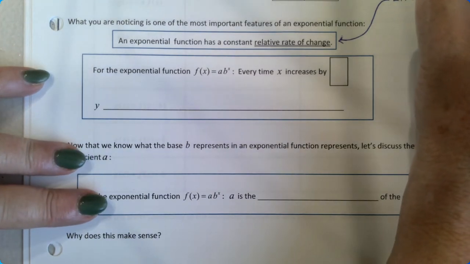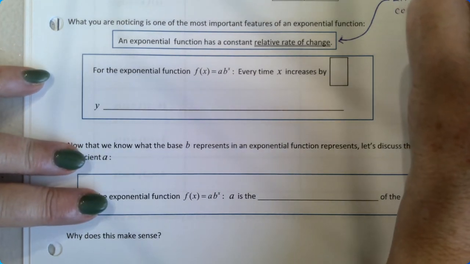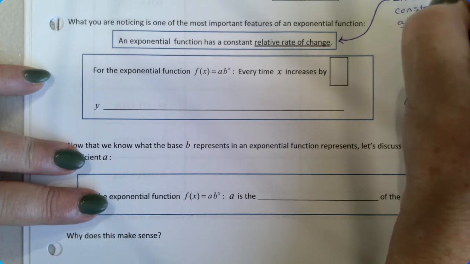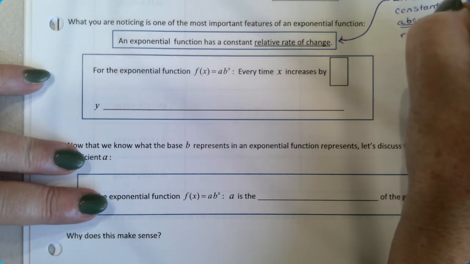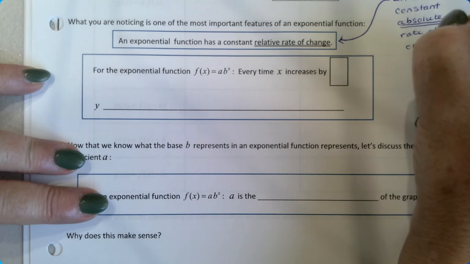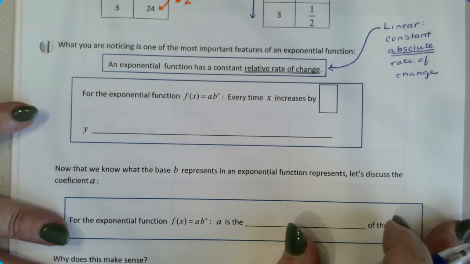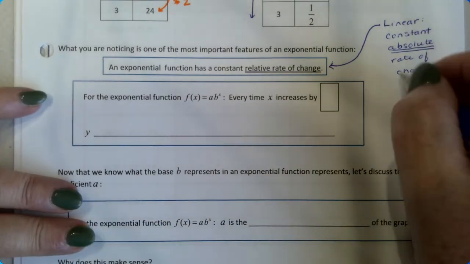In linear functions, we had a constant absolute rate of change. The y's went up or down by the same amount.